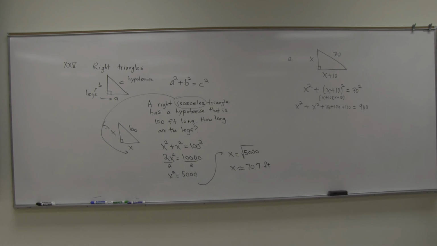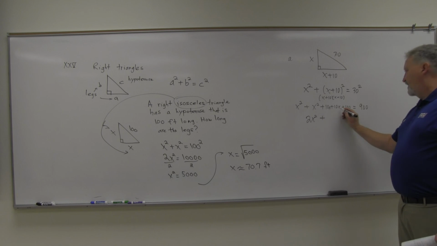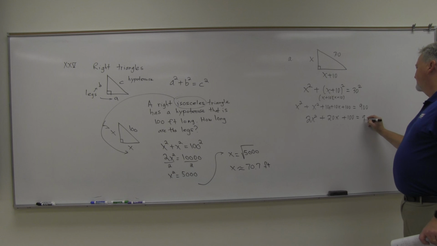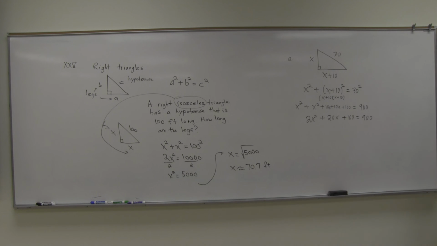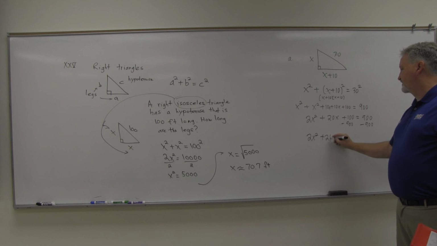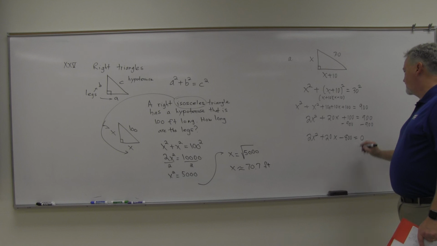On this side you've got 2x squared, add those, you get 20x plus 100 equals 900. Again, we wind up with an x squared equation. In this case though, we need one side to be 0, so we get 2x squared plus 20x minus 800 equals 0.